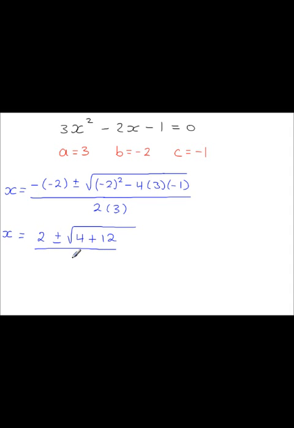Divided by 2 times 3, 6. And simplifying this further gives you 2 plus or minus, 12 plus 4 is 16. So we've got root 16 over 6. Root 16 is 4.